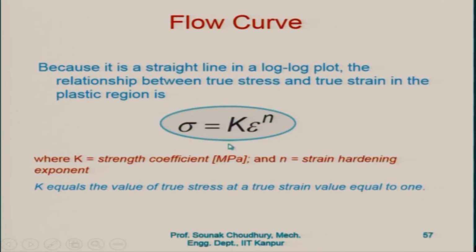So, this is the equation which is normally called the flow curve in the engineering, okay. And here the K is the strength coefficient in megapascal, and the strength coefficient means that this is the constant, this is the coefficient which actually defines the strength of the materials, okay.